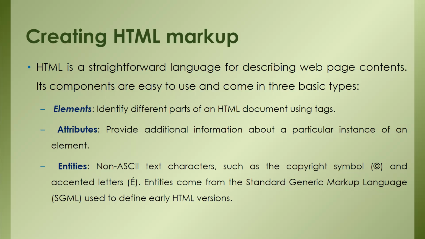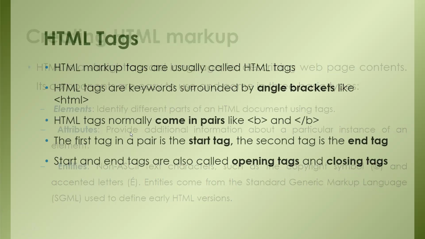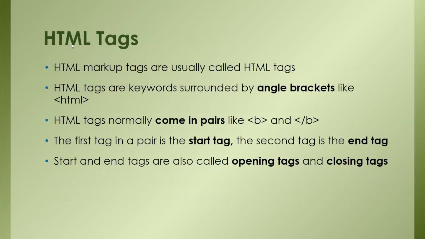When we come to the HTML tags, we will get to know these things. Entities are non-ASCII characters, such as the copyright symbol and accented letters. Don't worry about these things. When we come to the practical session, we will learn.